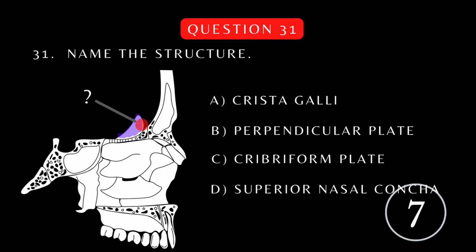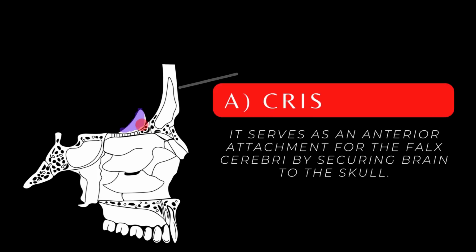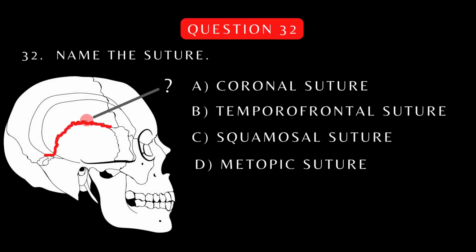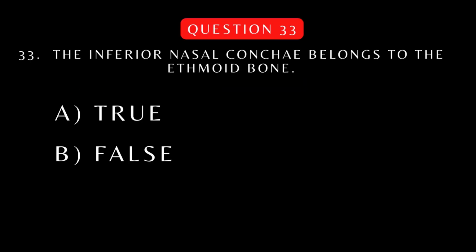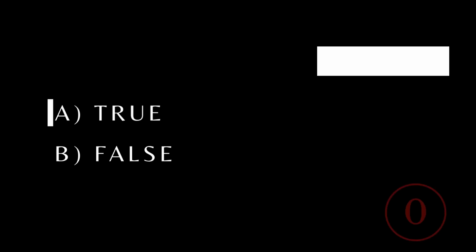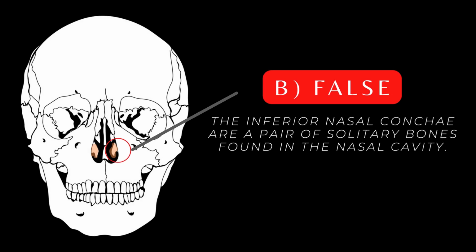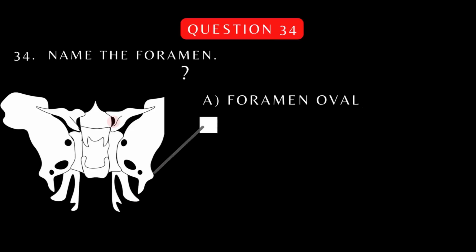Name the structure. Name the suture. True or false, the inferior nasal conchae belongs to the ethmoid bone. Name the foramen.